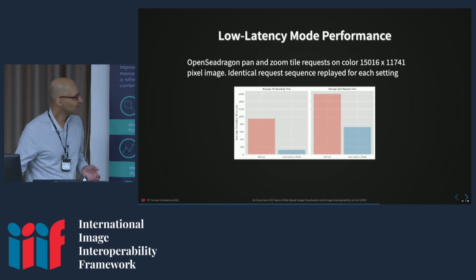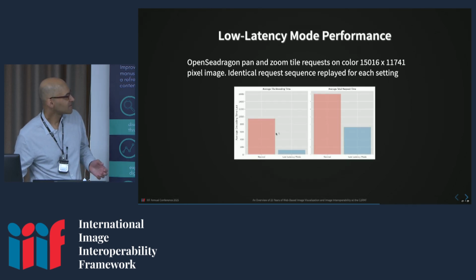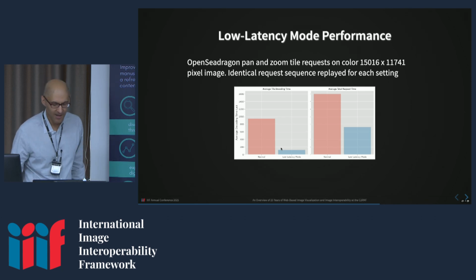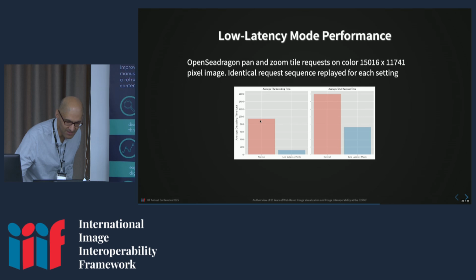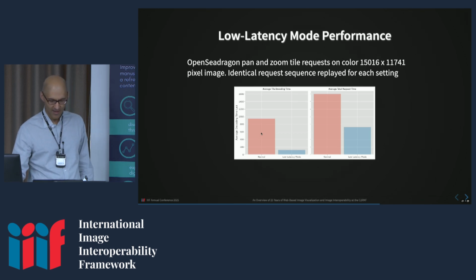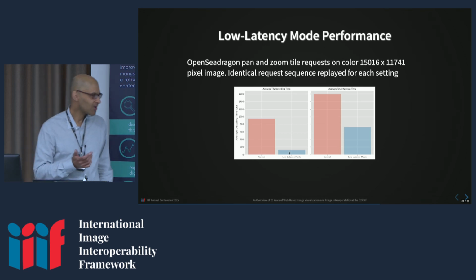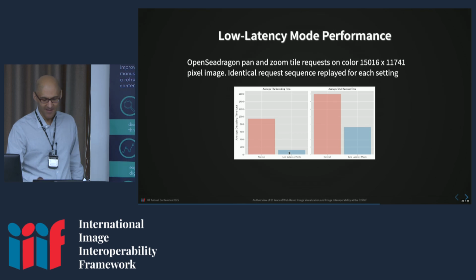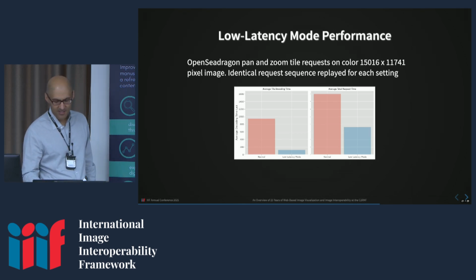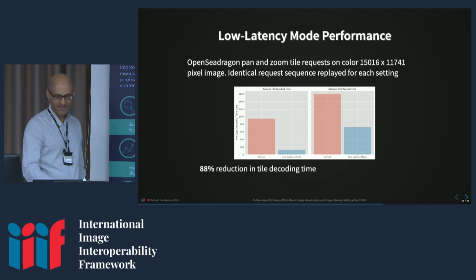And here in the graph, on the left is the pure tile decoding speed, and this first bar is showing speed without this new mode, and you can see, as you would hope, this kind of thing reduces the average tile decoding time quite considerably. It's about an 88% reduction in tile decoding time.